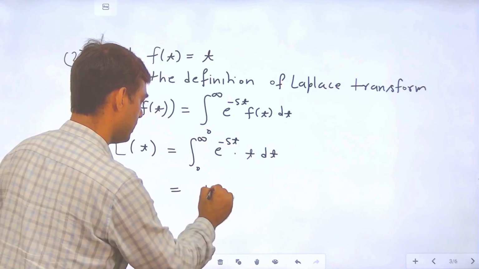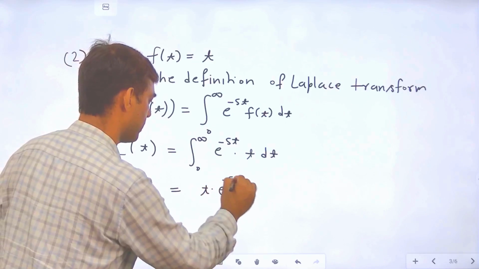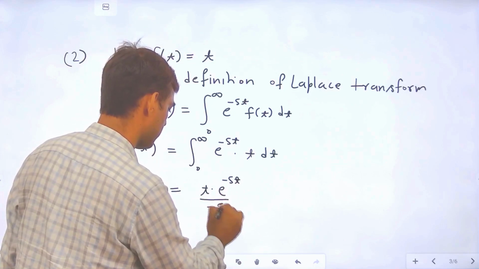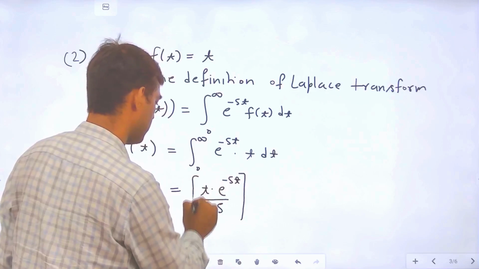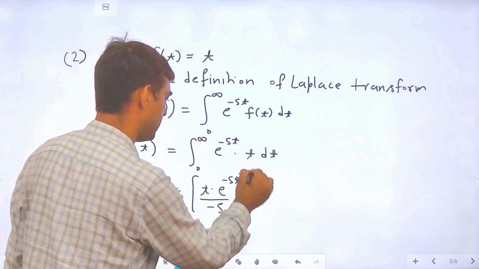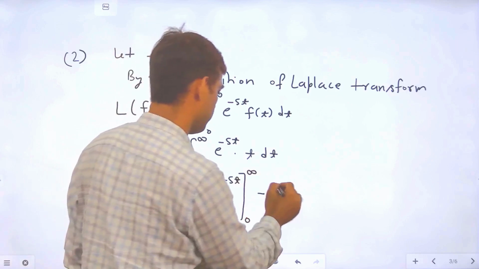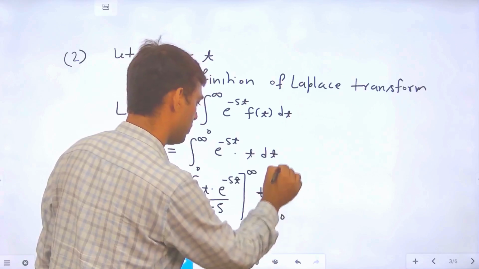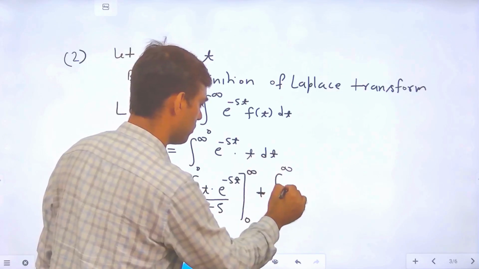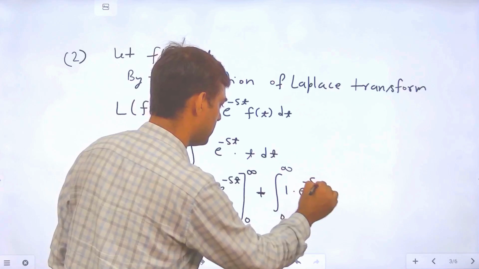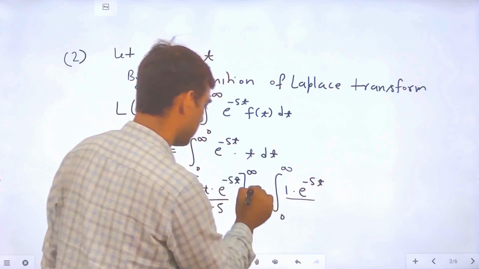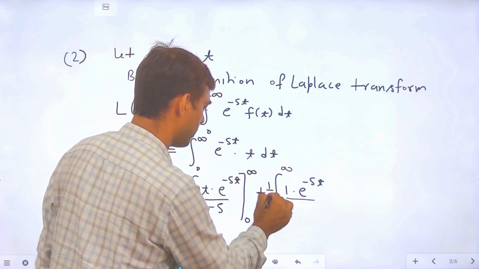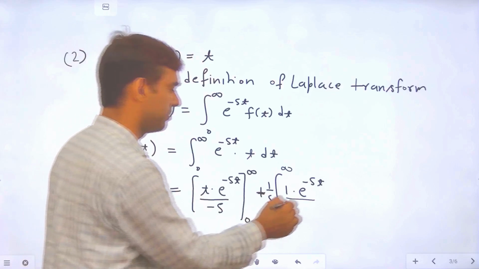t into e to the power minus st upon minus s, with limits 0 to infinity. For the second term, minus minus becomes plus: the integral from 0 to infinity, the derivative of t is 1, times e to the power minus st upon minus s, and minus minus becomes plus, so this becomes 1 upon s dt.